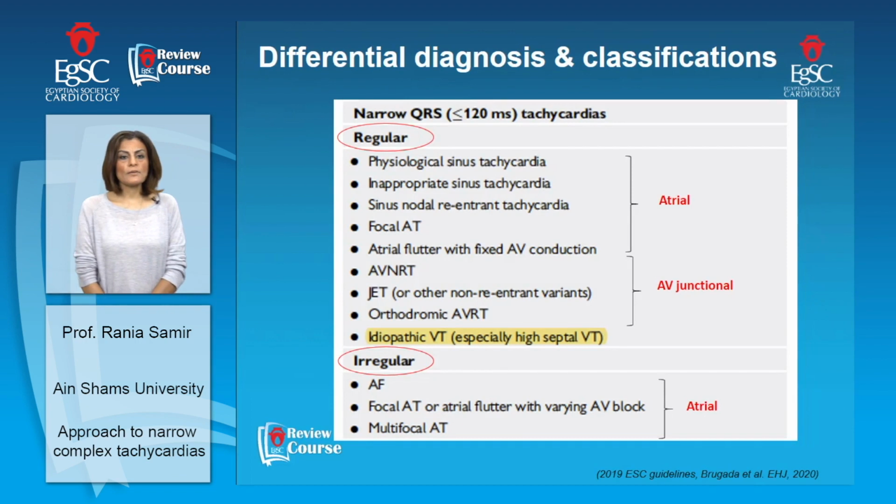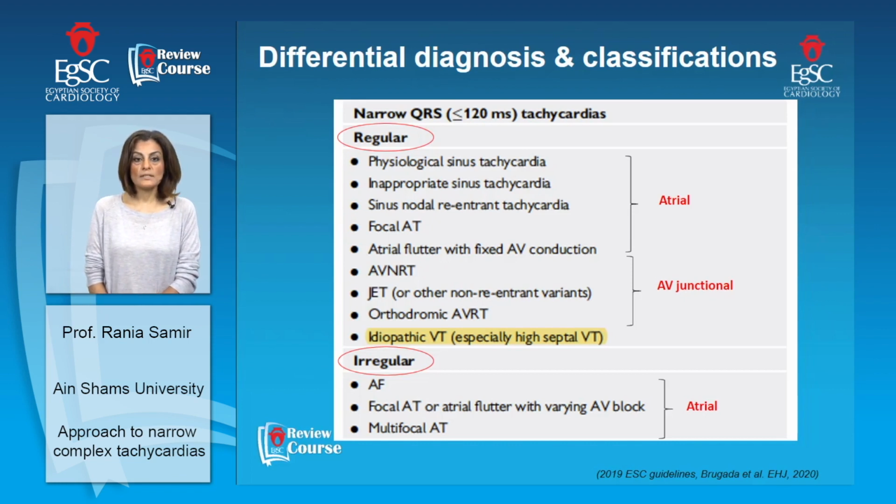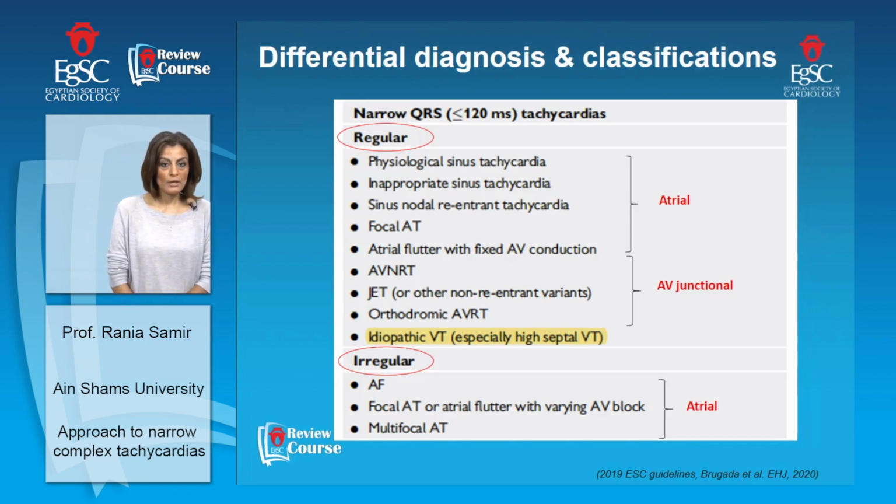When we talk about the differential diagnosis or the classification of narrow complex tachycardia, which are a group of tachycardias characterized by a normal morphology of QRS and a QRS duration less than 120 milliseconds, they can be classified based on the site of origin of the arrhythmia or the regularity of the arrhythmia.